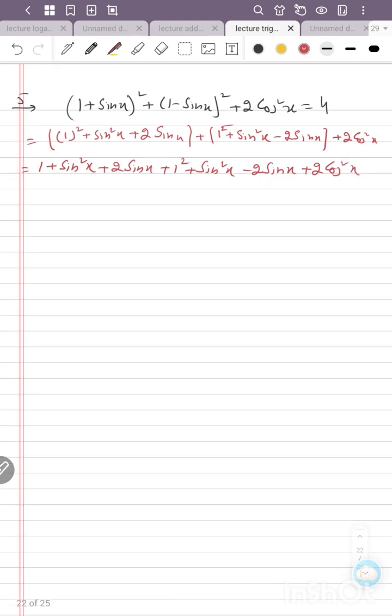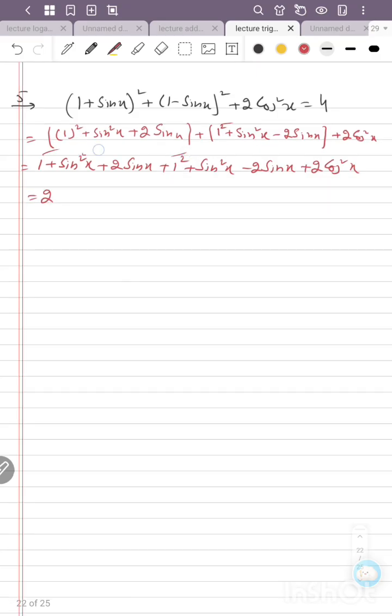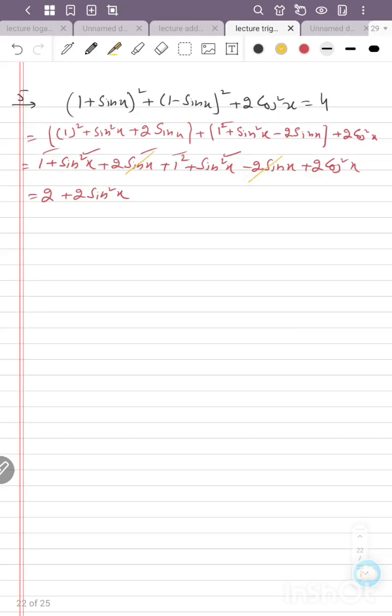Now if we look at this, 1 plus 1 will be 2. Sine square x plus sine square x will be 2 sine square x. 2 sin x minus 2 sin x will be cancelled with each other.